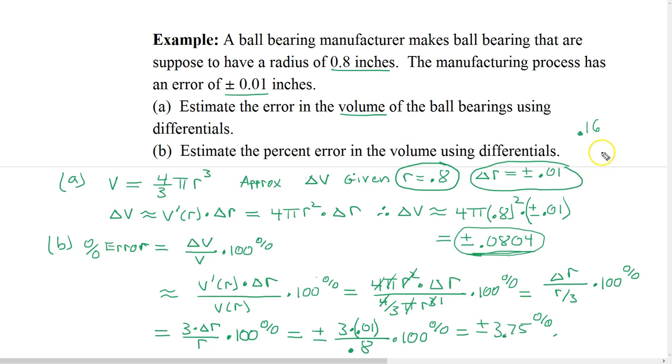But if the volume is supposed to be, say, 10, then 0.08 is not a large percentage of 10, and so that might be good in your manufacturing process. So we found out that our percent error is approximately 3.75% plus or minus, which isn't too bad. So sometimes evaluating the percent error in a process is a little more meaningful than just evaluating the error.